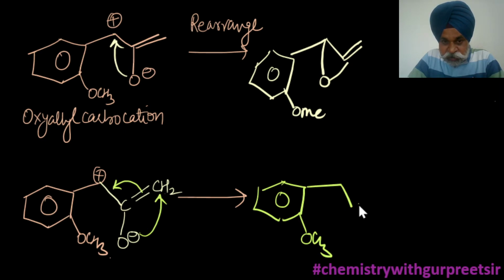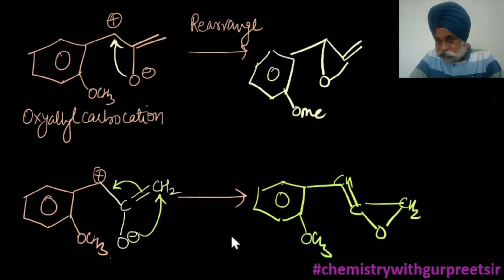You would get a carbon which got attacked onto the CH2. I think I made it wrong, so let me do it like this. This is CH2, now it is correct. C, this oxygen, and you have CH2. This way also it can be asked in the paper.